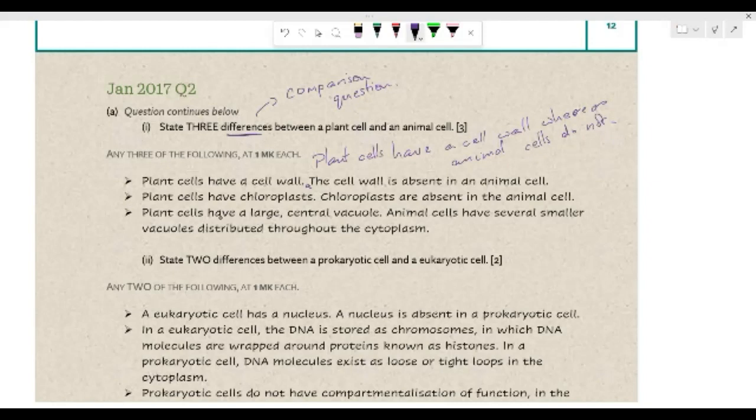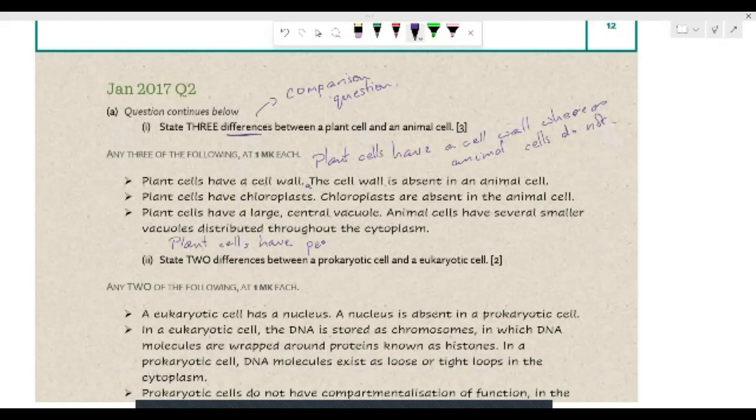Note too as well that plant cells have a permanent vacuole, right? They have this large vacuole, and the animal cells, their vacuoles tend to be temporary, okay?